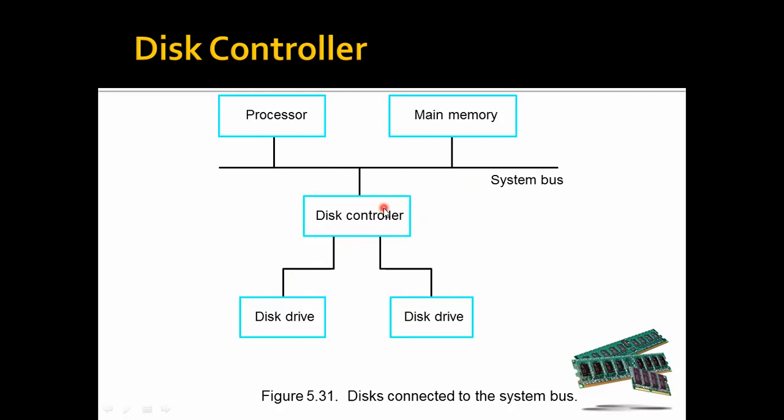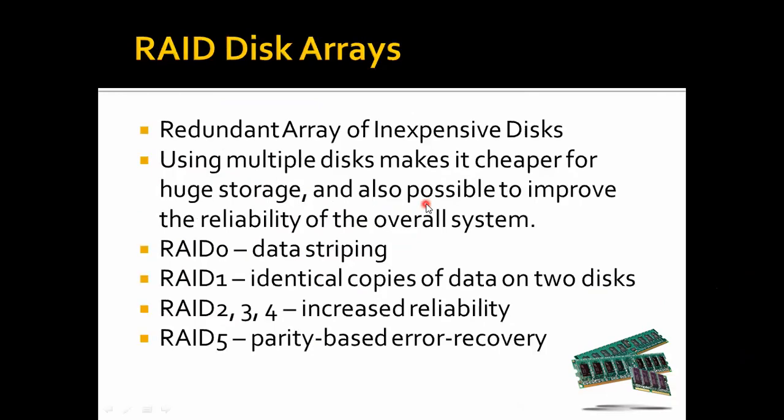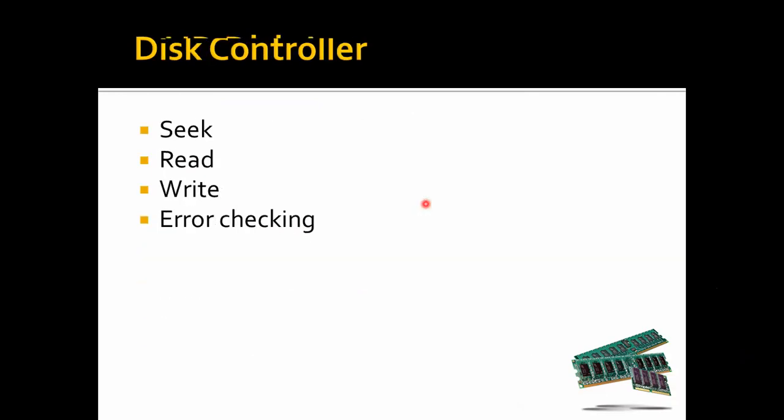If we want to format the disk, that is also controlled by the disk controller. All the disk activities, seek, read, write, error checking, are performed by this disk controller.